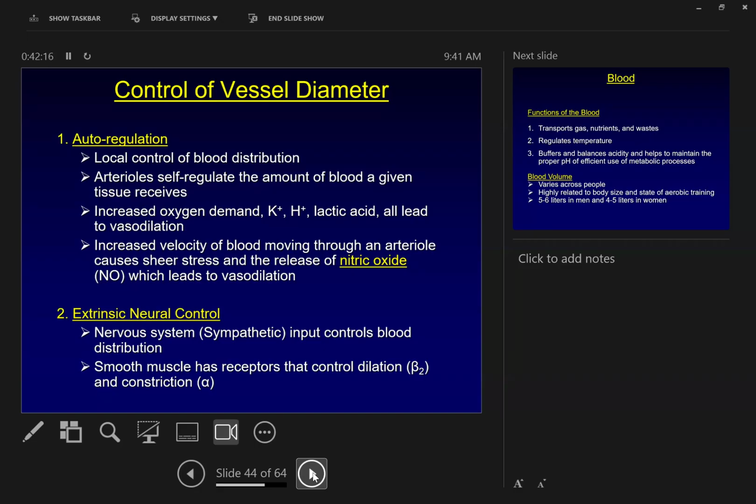Okay? Now, in addition to autoregulation, there's this idea of what's called extrinsic neural control. This is that perivascular sympathetic nervous system innervation. The nervous system will send out epinephrine and norepinephrine, which we know go up when we exercise. We know they go up when we get a stress response.